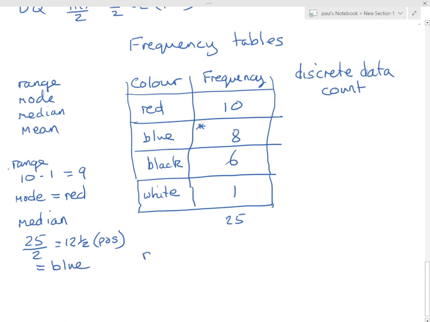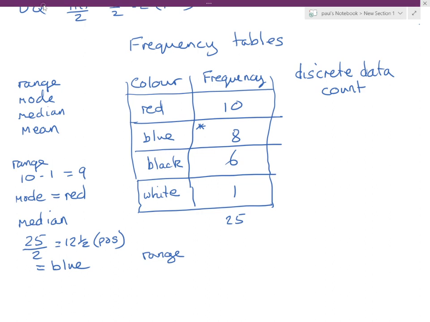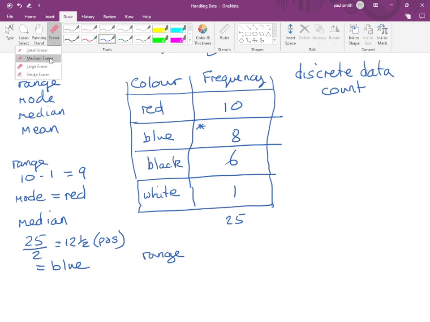And the range. Now, you know how many there are altogether. Not the range, is it? Hang on. It's not the range.